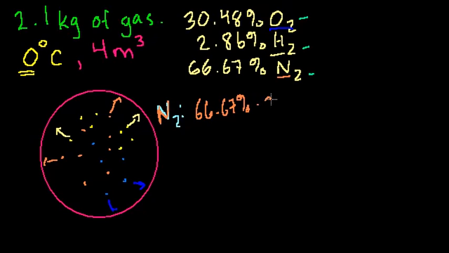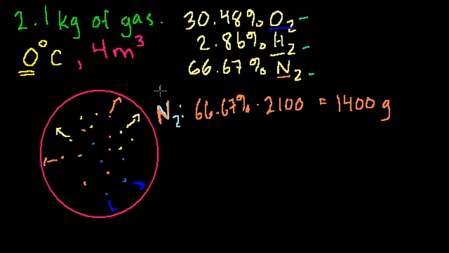So let's do it in grams, because when we talk about molecular mass, it's always in grams. It doesn't have to be, but it makes it a lot simpler to convert between atomic mass units and mass in our world. So this is 2/3. So 2/3 of 2,100, that's 1,400 grams of N2. Now what's the molar mass of this nitrogen molecule?